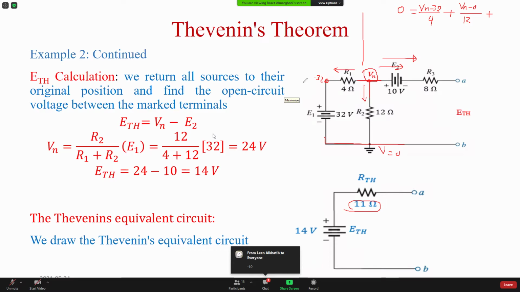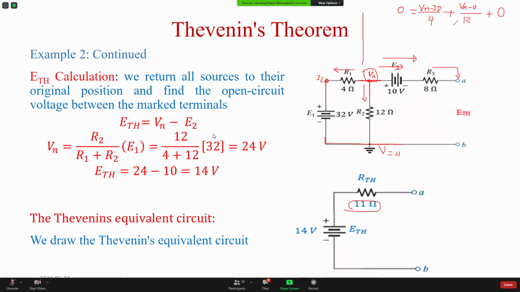Okay, other attempts, please. It's actually 0 because it's an open circuit. Current cannot go through an open circuit. So there is no current going this way.